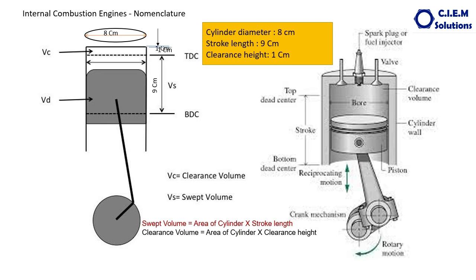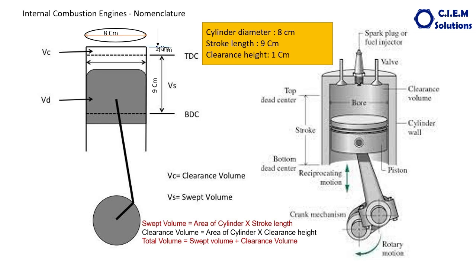So this particular height is called the clearance height, and the volume covered by this height, which is not swept, where the piston will not reach, is called the clearance volume. Clearance volume is equal to again area of the cylinder into clearance height. What is the clearance height we given here? 1 centimeter is the clearance height.